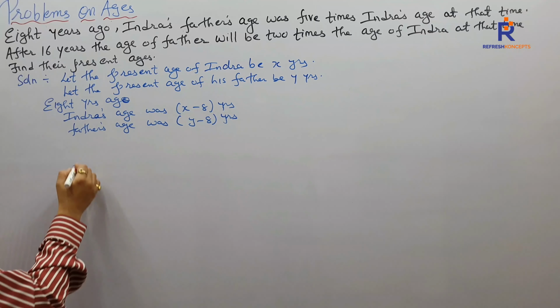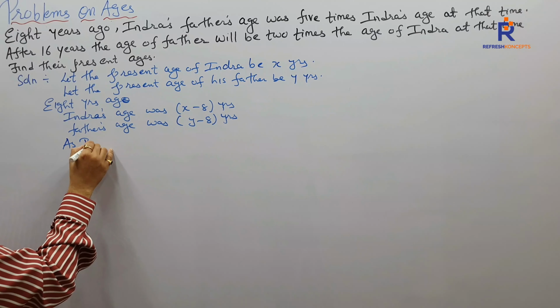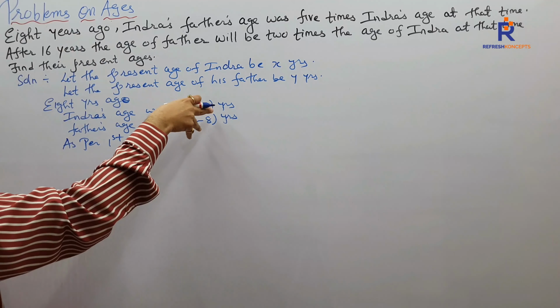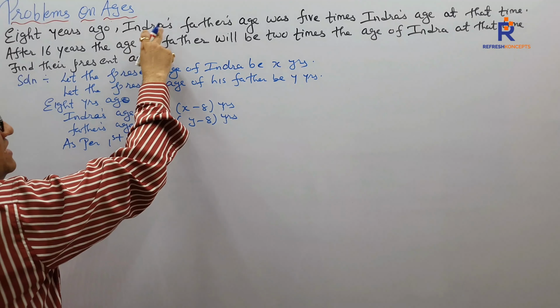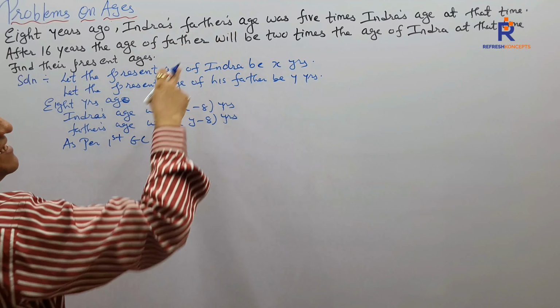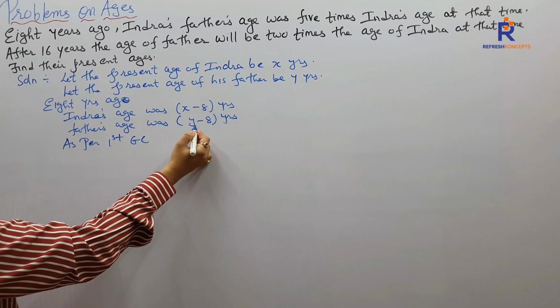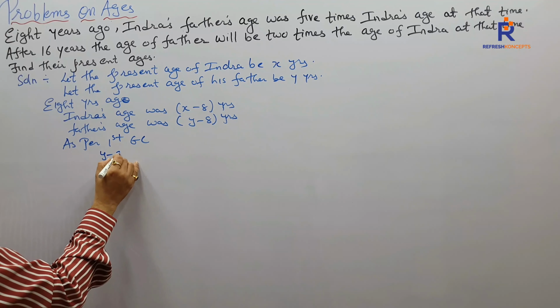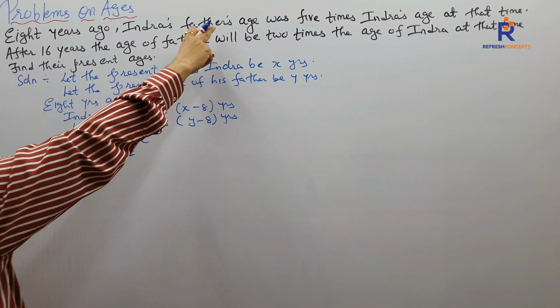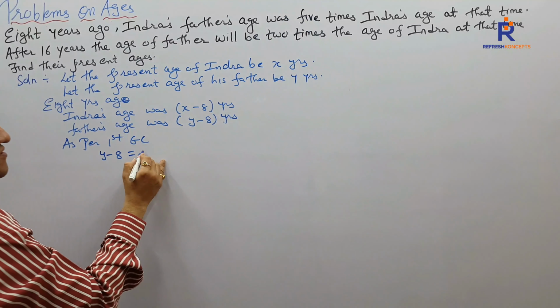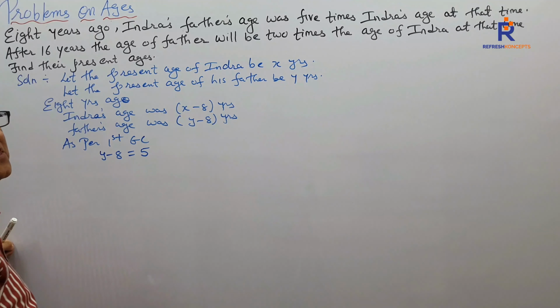Now we shall frame the equation as per the first statement. 8 years ago, Indra's father's age was 5 times Indra's age at that time. So what is Indra's father's age 8 years ago? Y minus 8 is, father's age was 5 times the age of Indra.